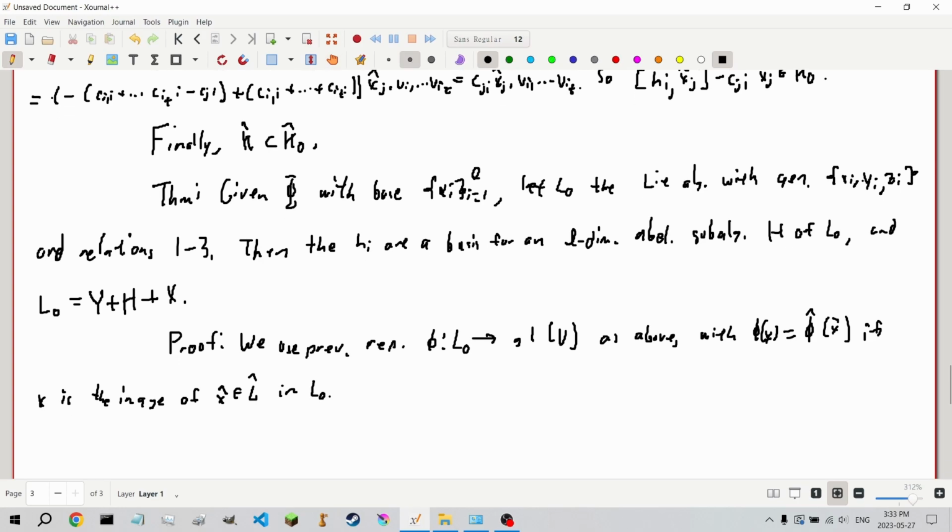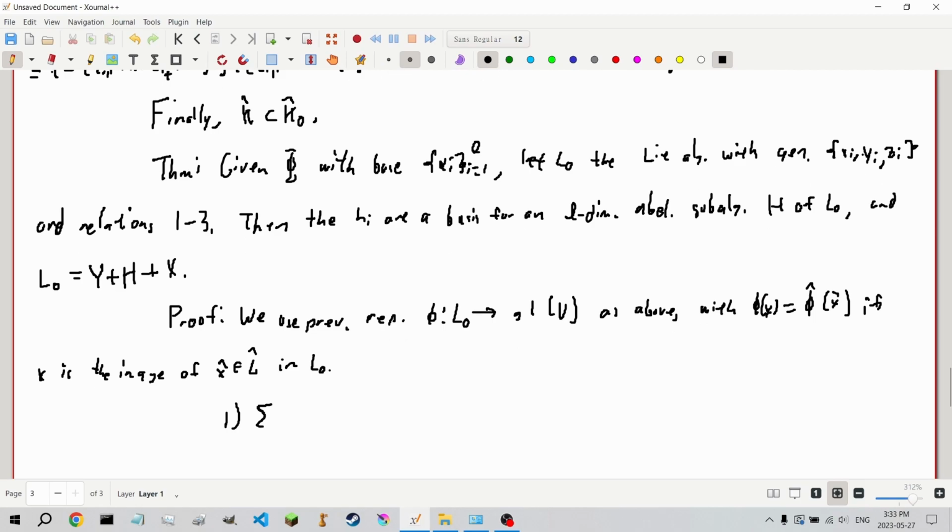Our first step is that the sum of our field times the h hat of j, intersected with the kernel of our phi, is 0.